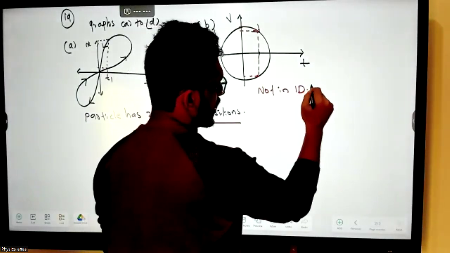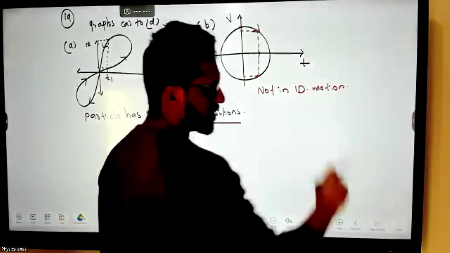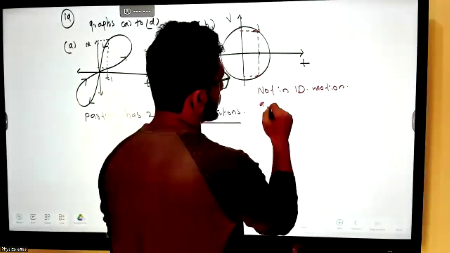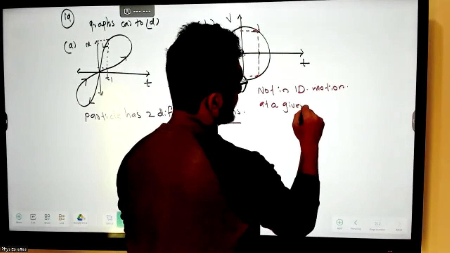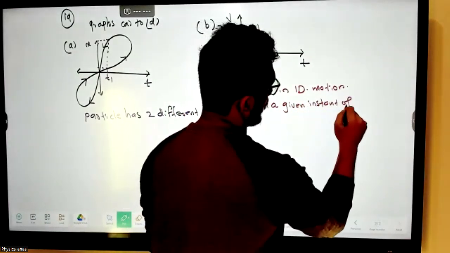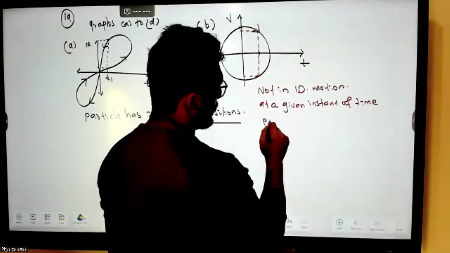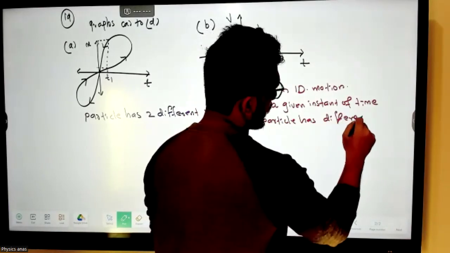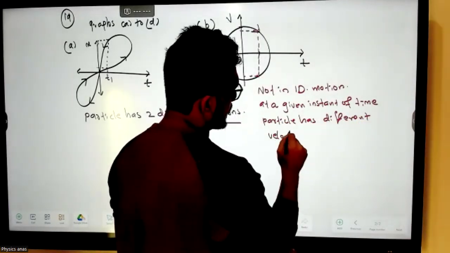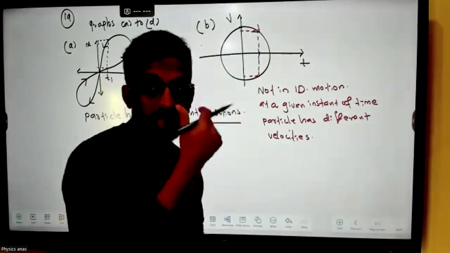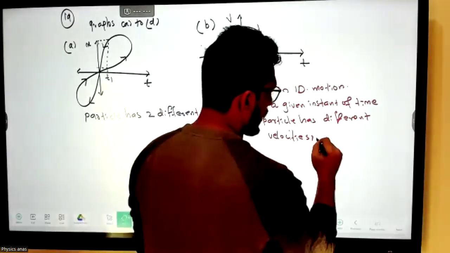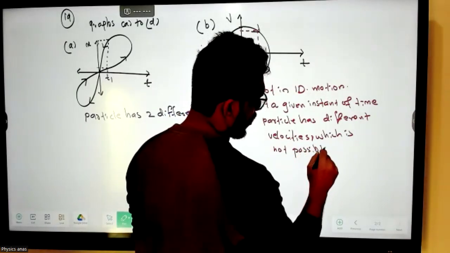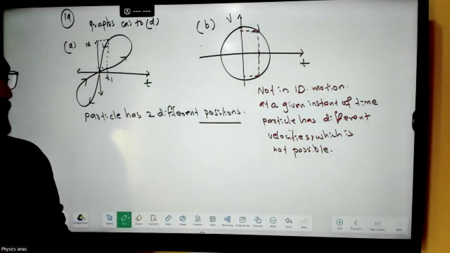At a given instant of time, the particle has different velocities, which is not possible. You got it?